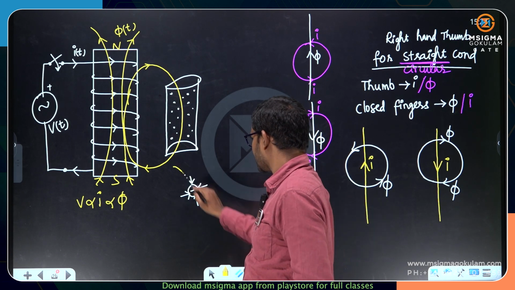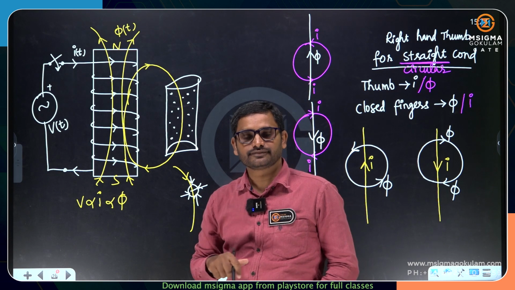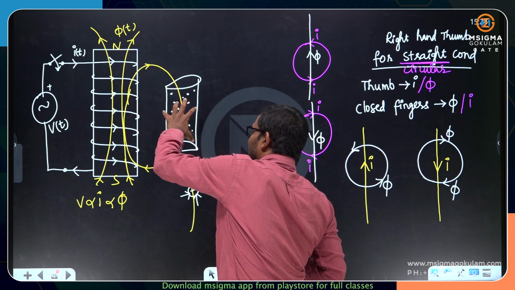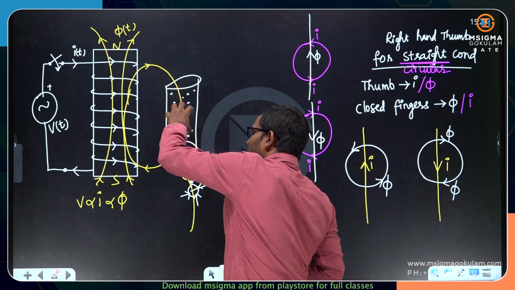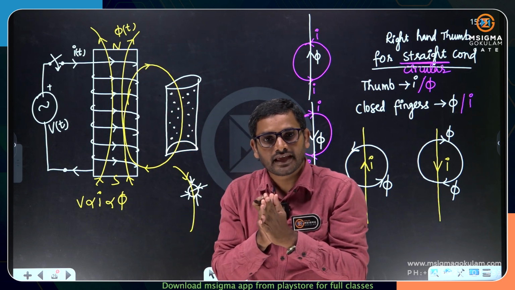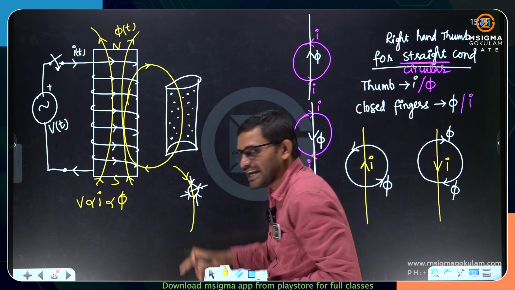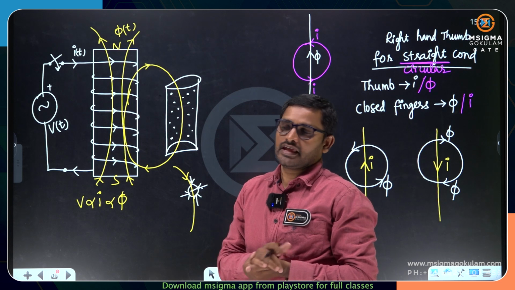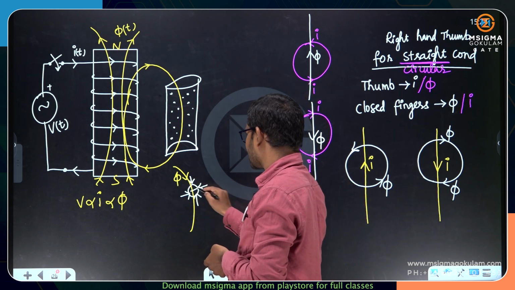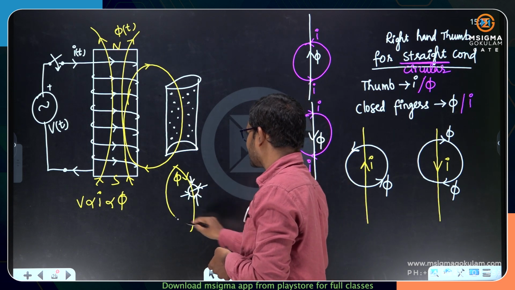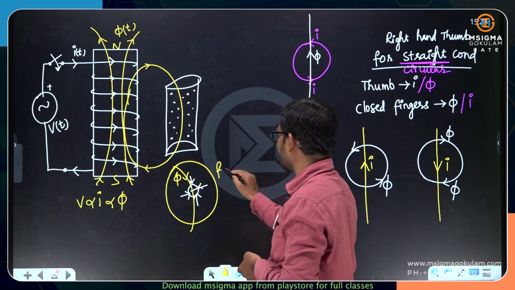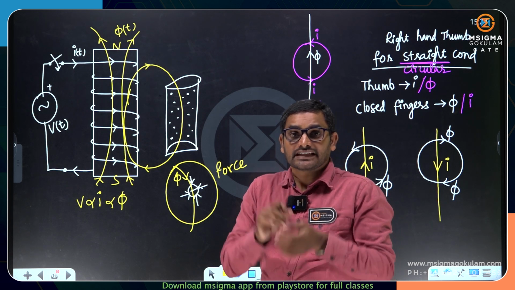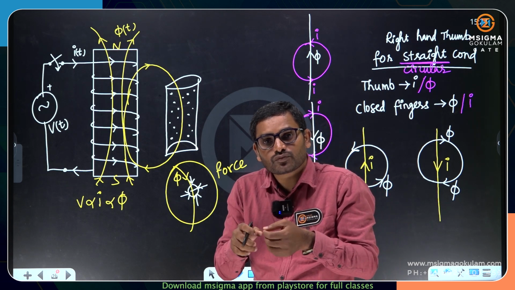So whenever the external magnetic field interacts with the conductor, it definitely interacts with the imaginary field around the electron, and therefore there might be a chance of creation of force of attraction or force of repulsion between the flux lines and the electron.